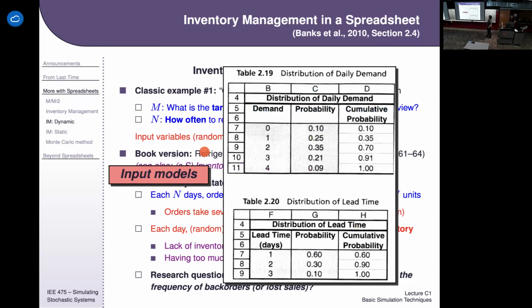So the way they modeled this, and they used a spreadsheet to do it, is they have input models like we've been talking about here. So rather than having strings of demand, so Monday's demand, Tuesday's demand, Wednesday's demand, like we did in the homework, they have parameters on distributions.